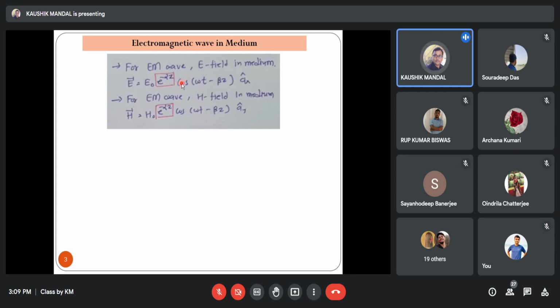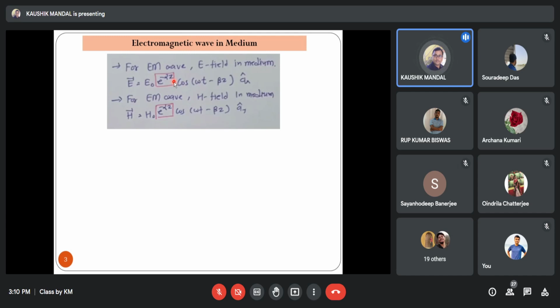If you compare with the previous equation of the electric field, only this term e to the power minus alpha z is the new one introduced into the equation, because as we are going to discuss the electromagnetic wave in a particular medium, we have to include the attenuation factor.